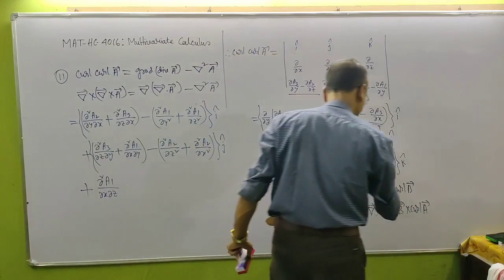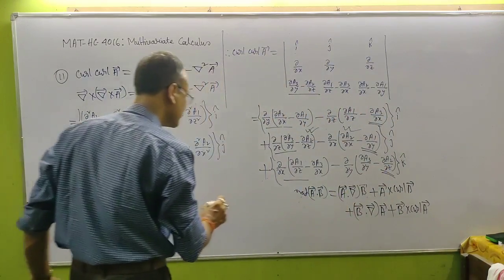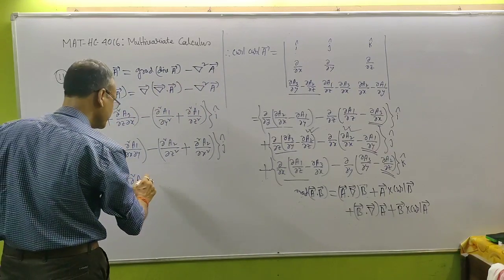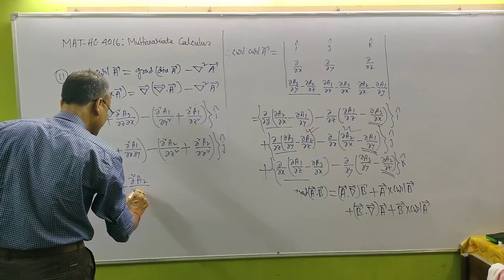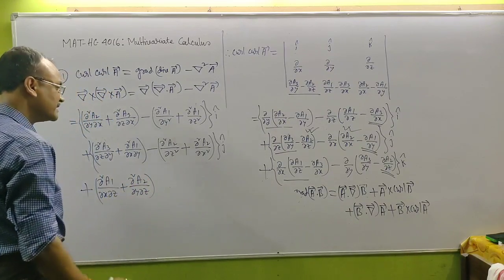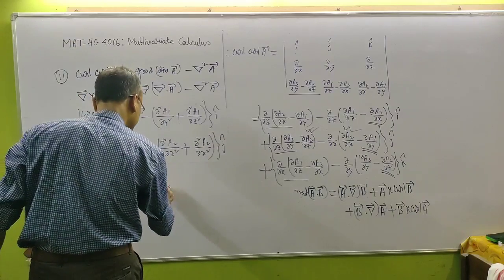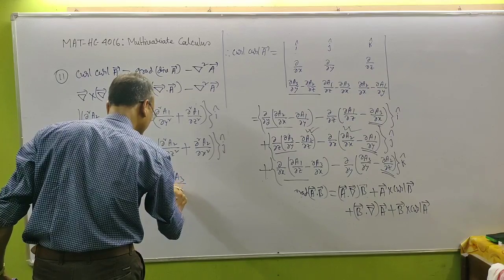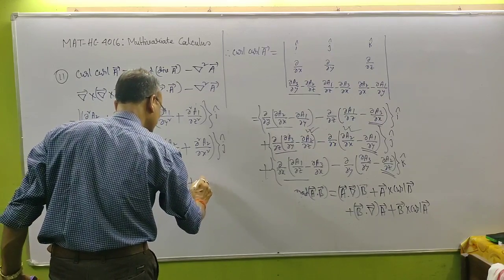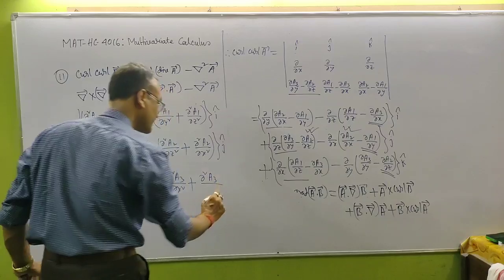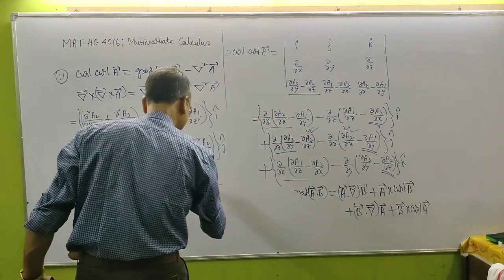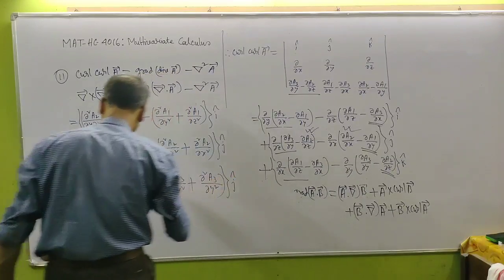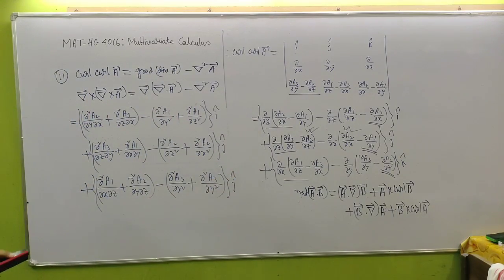Next write this one, minus plus del square A2 by del y del z, minus del square A3 by del x square plus del square A3 by del y square. This z cap. We have got this one.